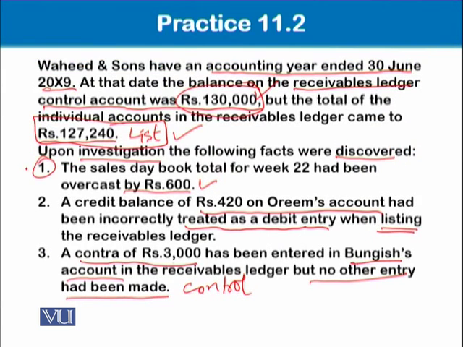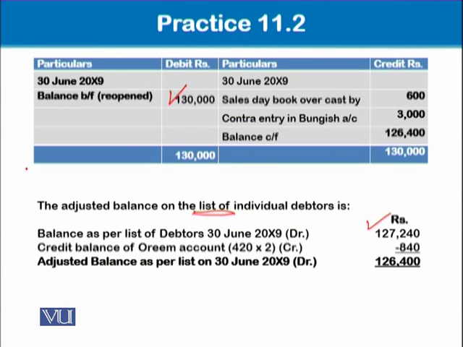Now, point number 1: the sales day book total for the 22nd week had been overcast by 600. We know very well that the sales day book has an accounting entry with which debtors are debited. Since that has been overcast, debtors have been debited with 600 more than the original amount.